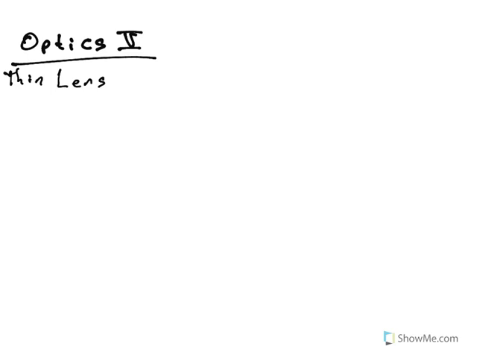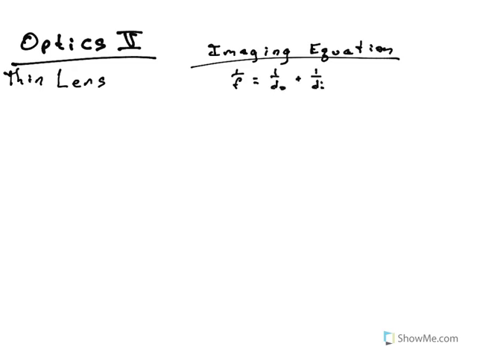Now, first of all, the good news is the imaging equation that we're going to use for lenses is the same as that of mirrors. 1 over f is 1 over do plus 1 over di.